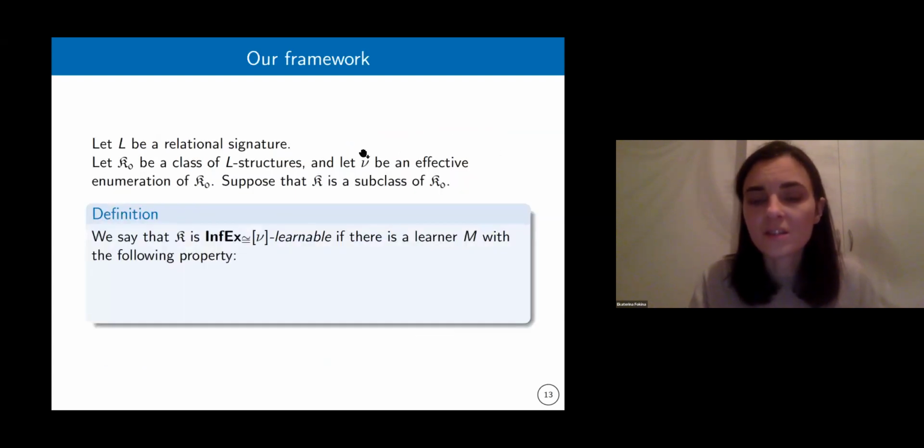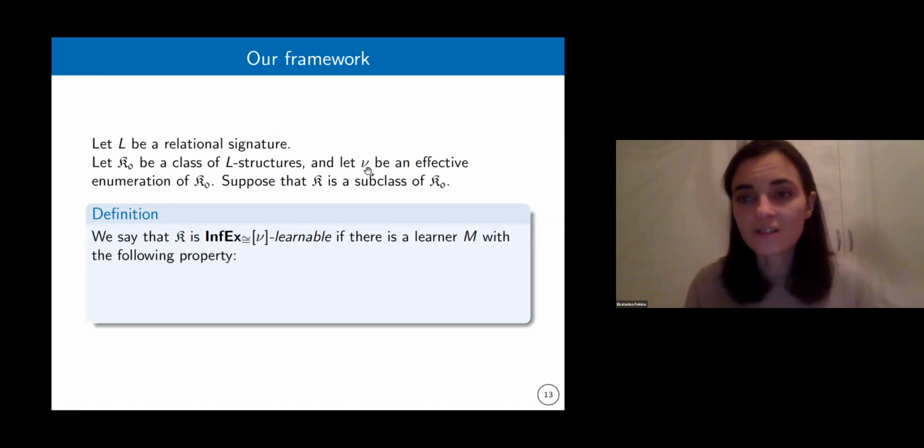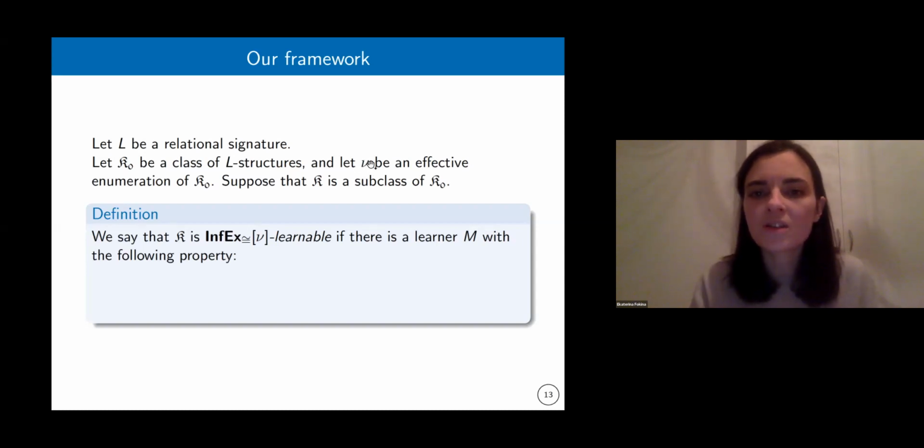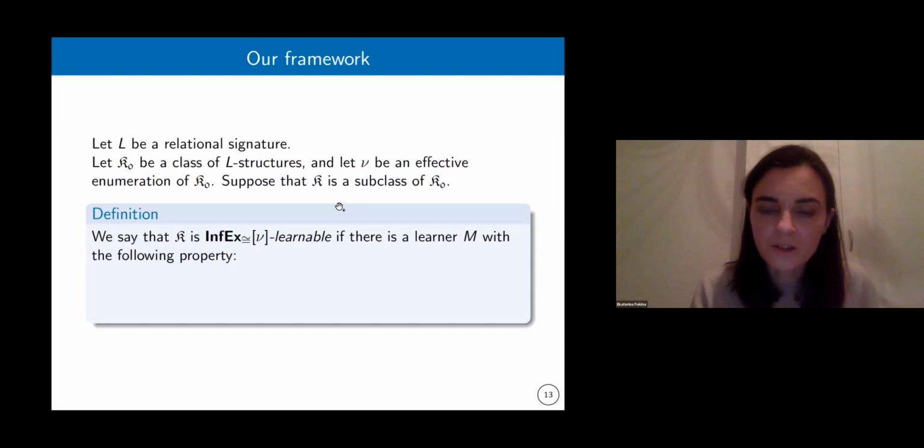In this situation we get one more parameter in our learning: up to which enumeration we are learning our classes. So nu will be the enumeration of some superclass, and we interpret the hypothesis with respect to this enumeration nu.